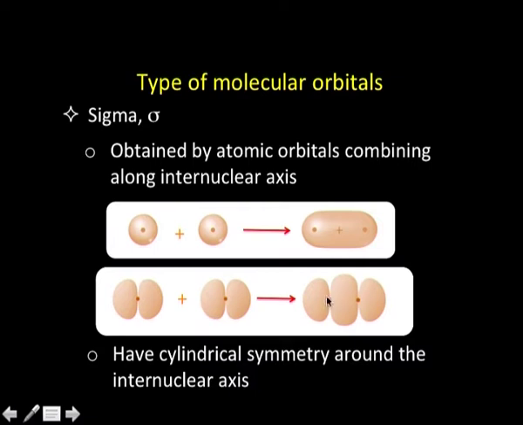If you look around the internuclear axis, the orbital is symmetrical. They are the sigma orbitals. And if you look along the internuclear axis, they typically look like s orbitals. So, s gives sigma.